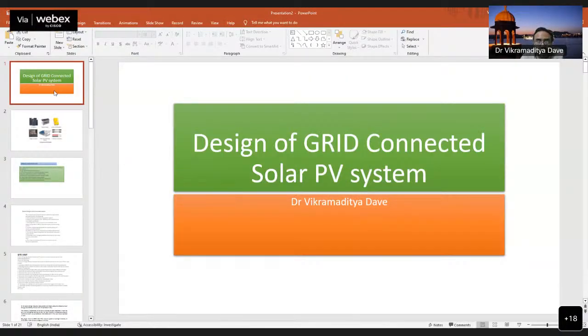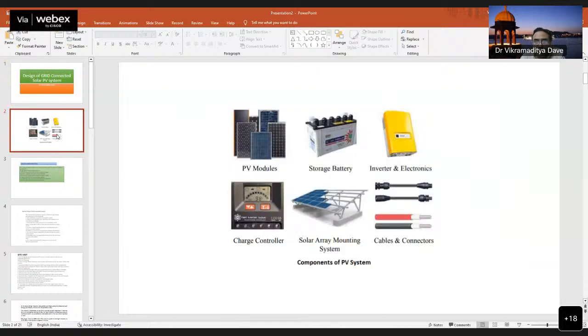Okay, so this is the topic, design of a grid connected solar PV system. First of all, let's have a look at some components being shown on your screen, and how these components will be useful in designing. One is the PV module. We have already discussed that this consists of silicon, either monocrystalline or polycrystalline.